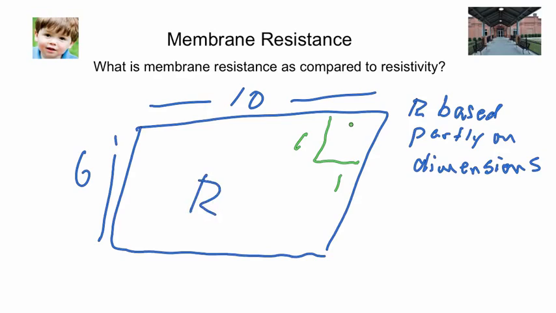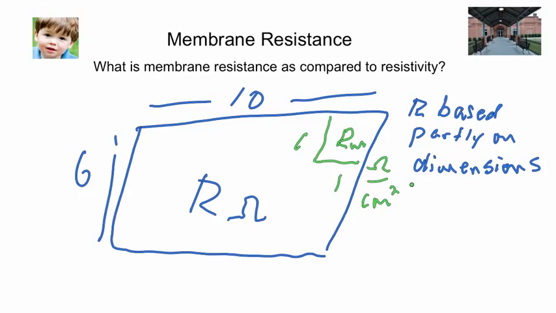On the other hand, Rm, which we're calling the resistivity, is the resistance for a unit area. As people say, unit area means it has unit dimensions on each side. In other words, ohms per centimeter square instead of ohms. So R might be in ohms, and Rm might be in ohms per centimeter square.